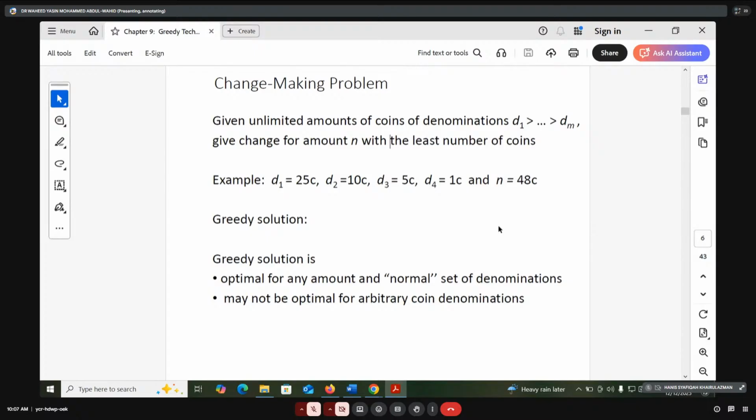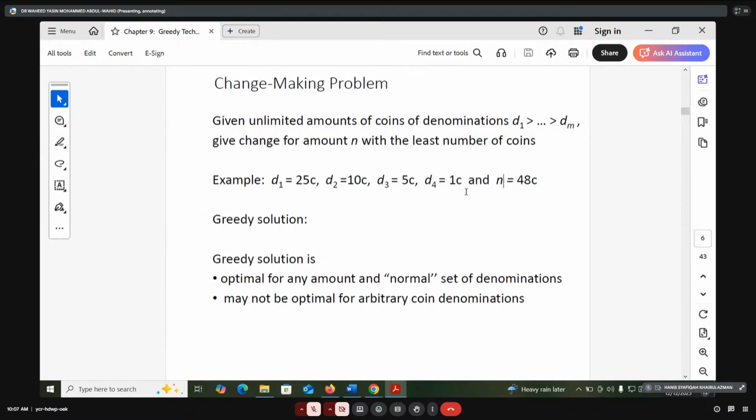Change making problem: given unlimited amounts of coins denominated d1 greater than ... dm, give change for amount n with the least number of coins. Here we need change for the amount n with the least number of coins. So here we have an example: d1 is 25, d2 is 10, d3 is 5 and d4 is 1, and n is 48. So the change I want to return to you is 48.